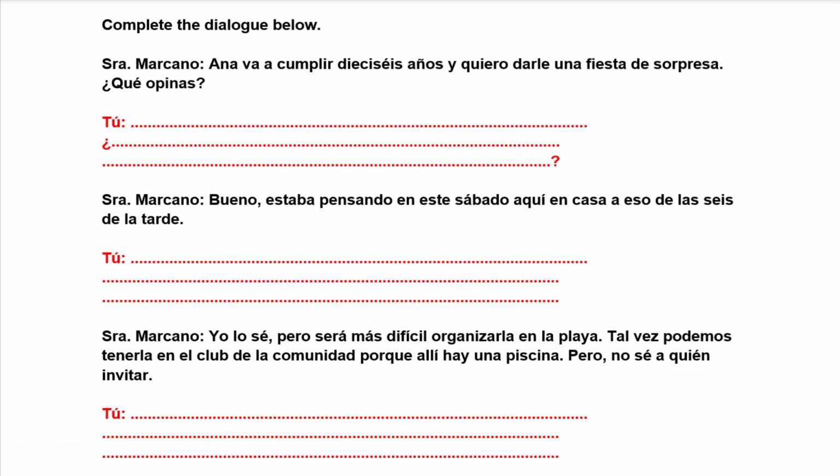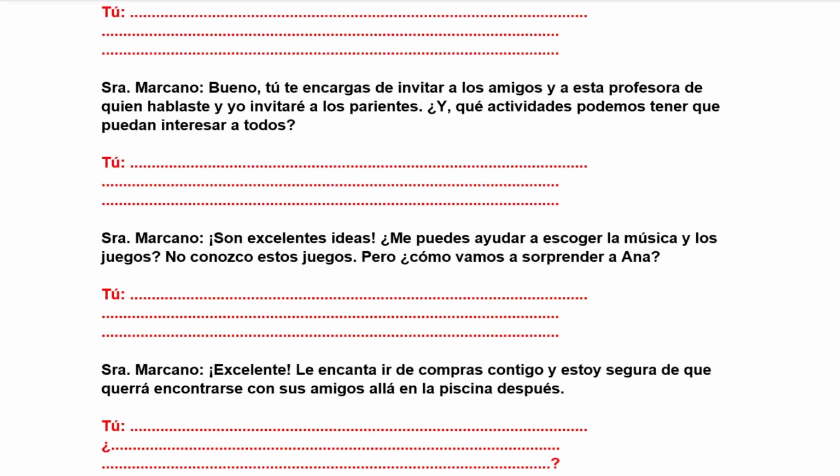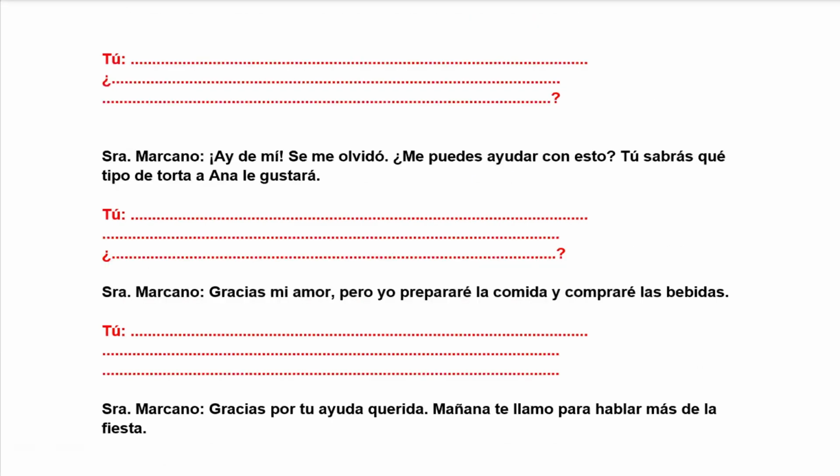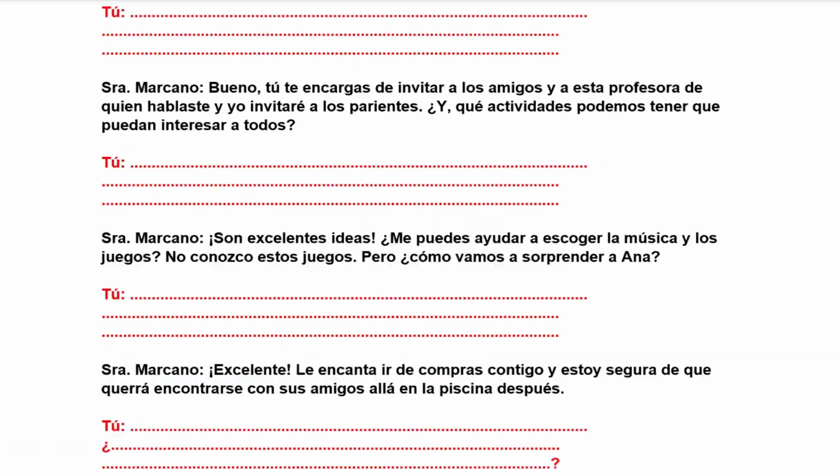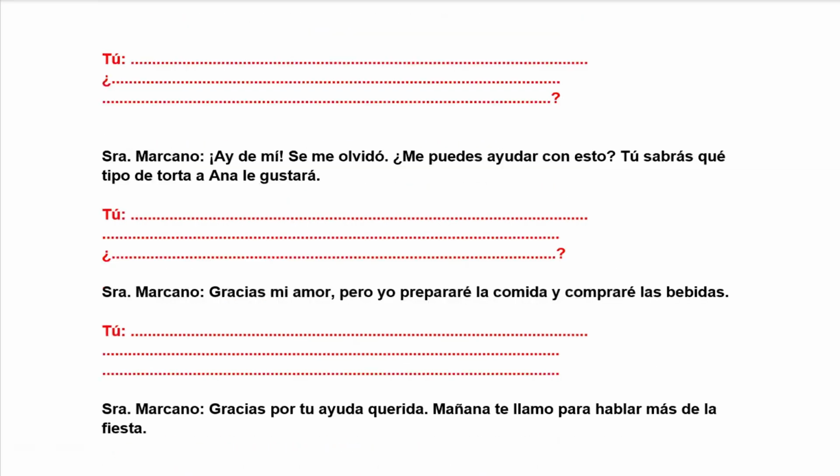So this is part of it, and the other half is over here. This is the other part of the dialogue. And the final part should be over here. Okay, so all of this is the entire dialogue.